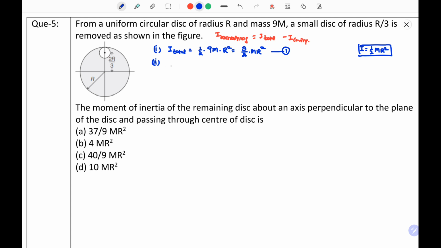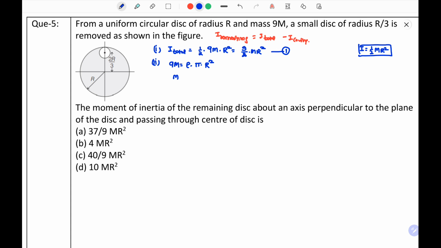Second, the removed portion is also a disk, and it is having the radius R by 3. We know that mass 9M is equal to density into area. This area is pi into R square. Now we have removed the portion which has the radius R by 3.